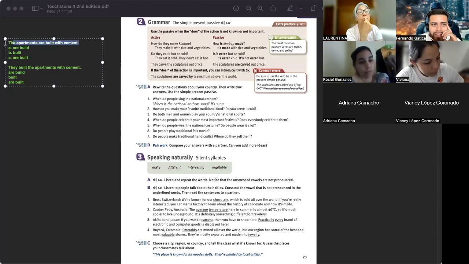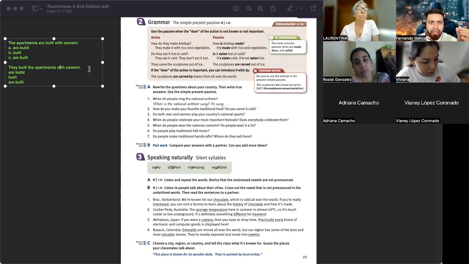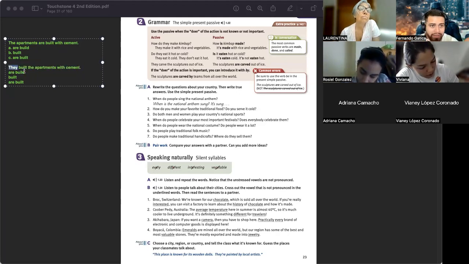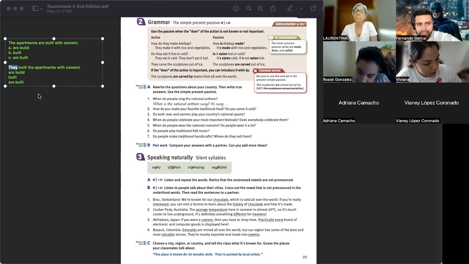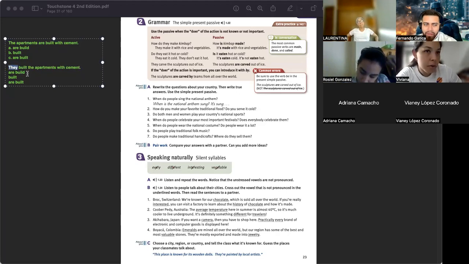In the first sentence, it's correct to say are built because the apartments are passive. They can't do anything. In the second sentence, it's not correct to say are built because the subject is they, and it is not passive, it's active. They are doing the action or they did the action. So, nunca usen un verbo pasivo con un sujeto activo.